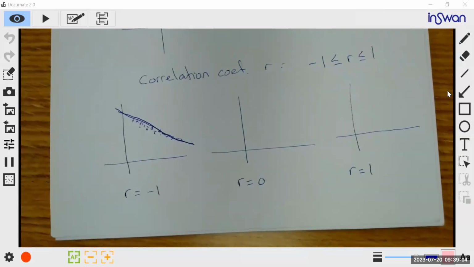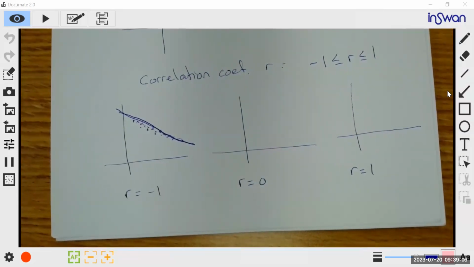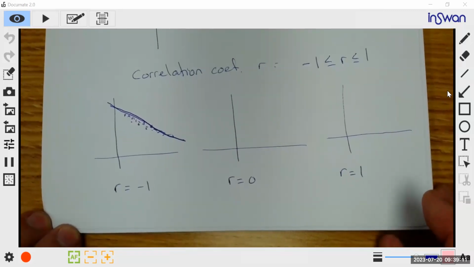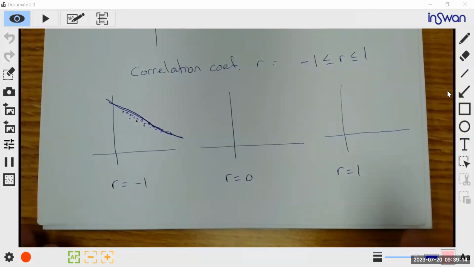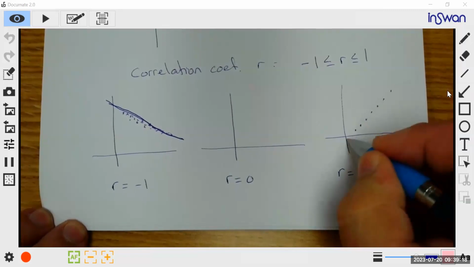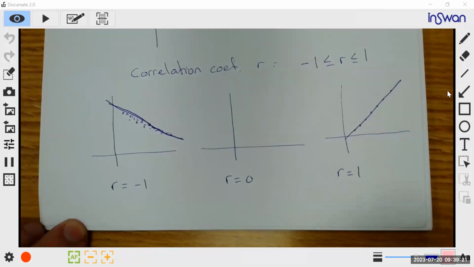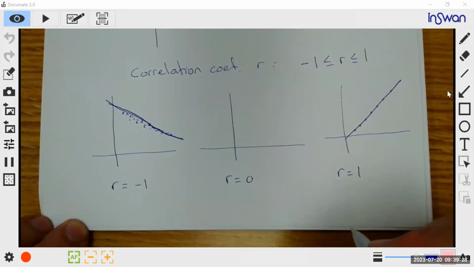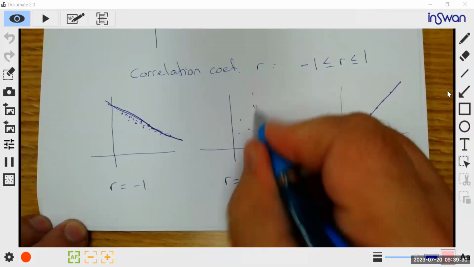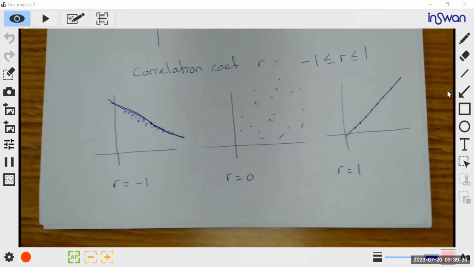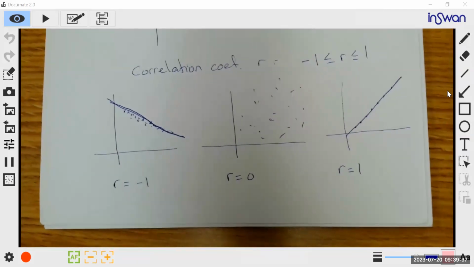So if it equals -1, it's a straight line going down. If it's +1, then it's a straight line going up. And if it's 0, there's no correlation. The data is just spread out everywhere.